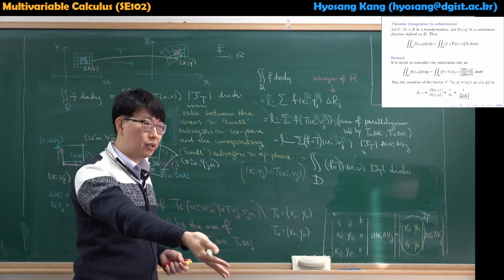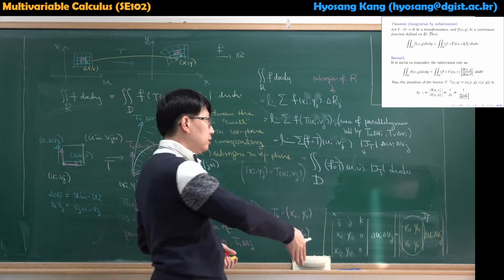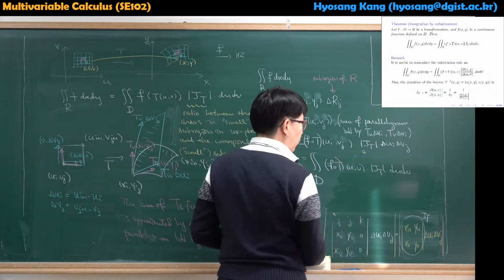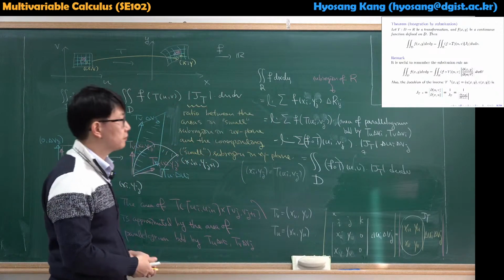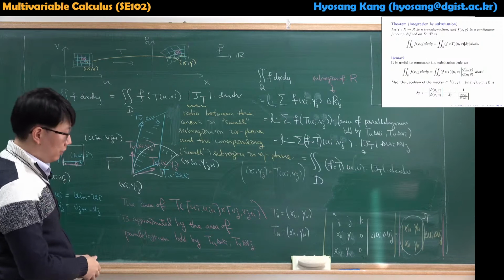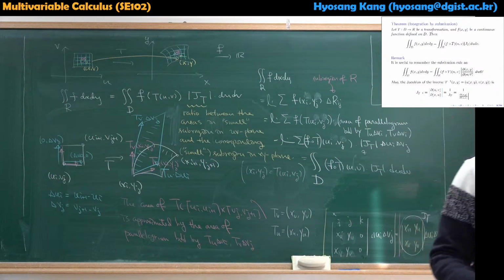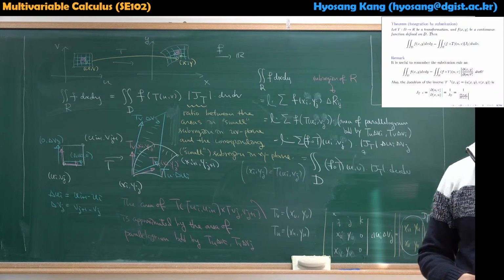JT is just a determinant. It can be negative or positive. You always take the positive number of the Jacobian. Okay? So this is how you derive your integration by substitution. Applying this formula is the easy part.